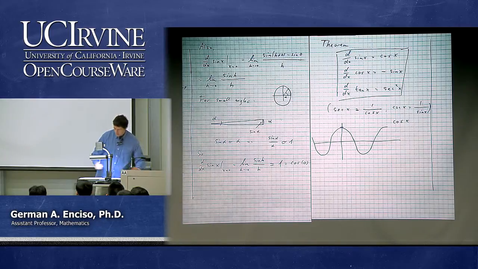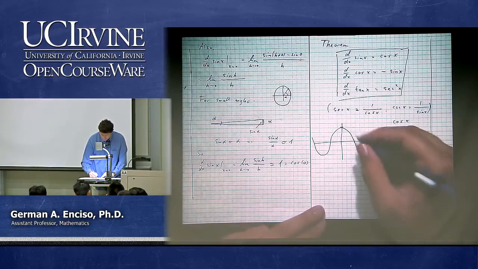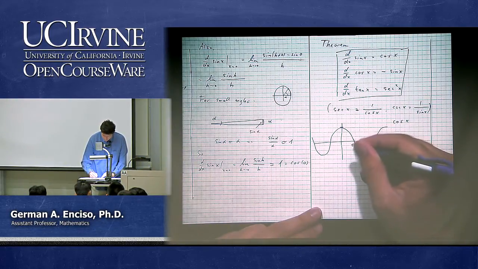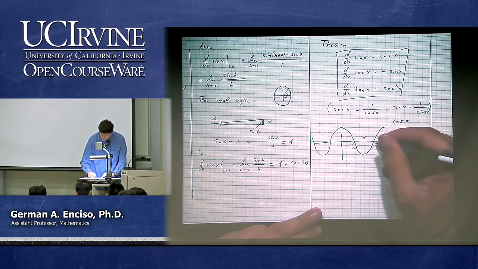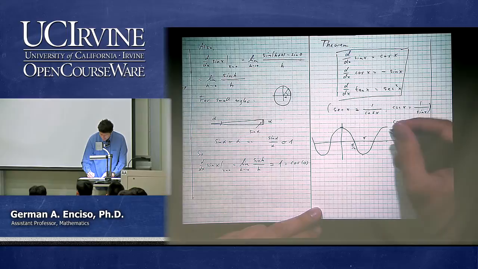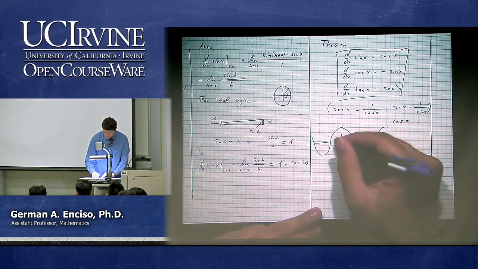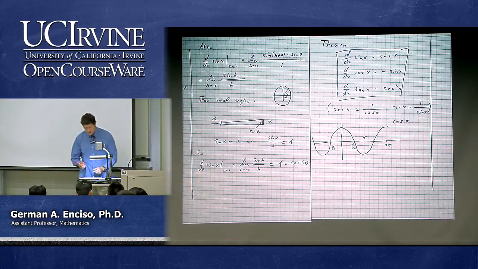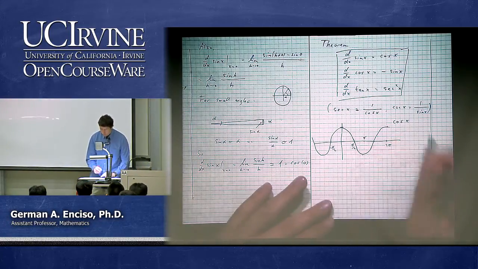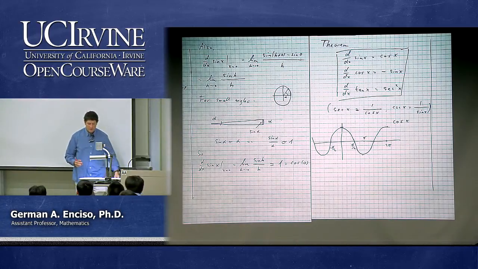Okay, so this value over here is, I believe, pi halves. This value is pi, 3 pi halves, and 2 pi. And this is minus pi halves. And now we're going to look at the derivative of the cosine function.